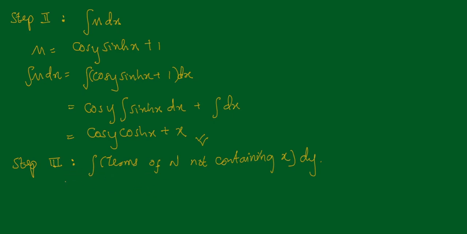In this case, we know that N is equal to minus sin y cos x. If you look at this, there is no term that doesn't have a function in x. So we find the integral of 0 with respect to y. So this gives us 0.